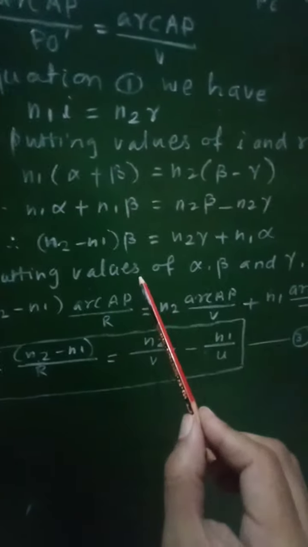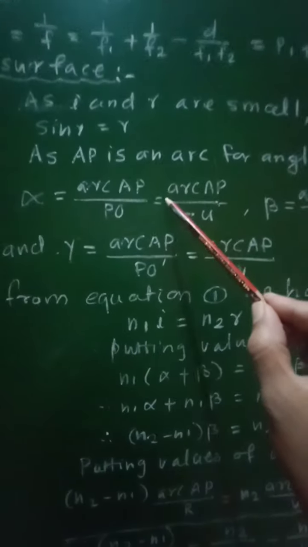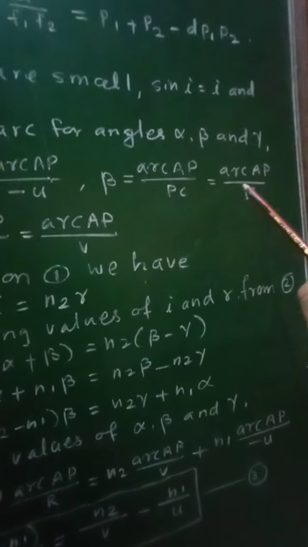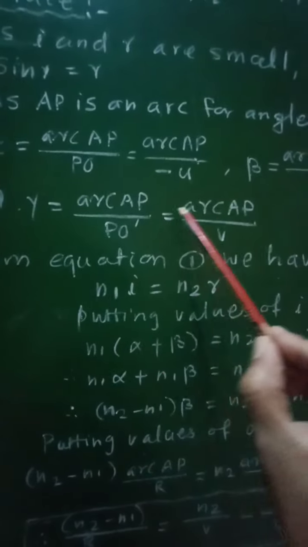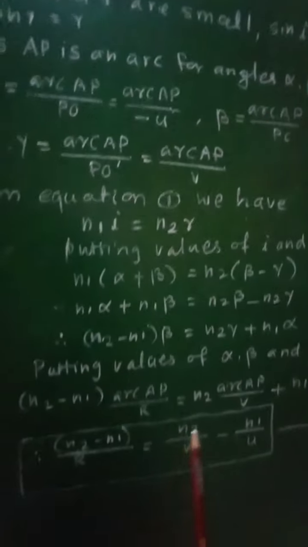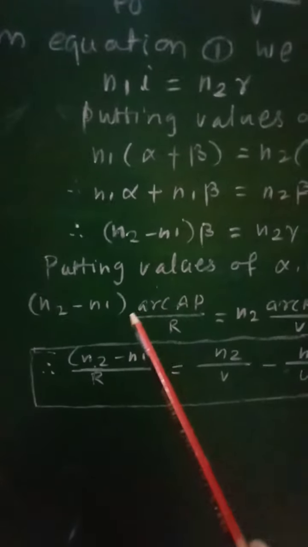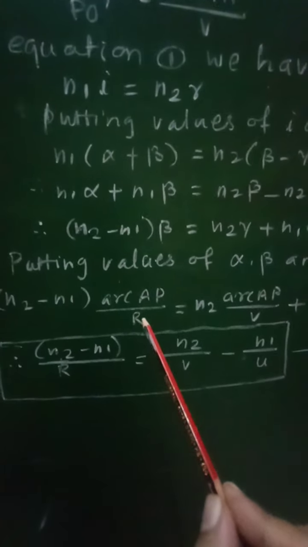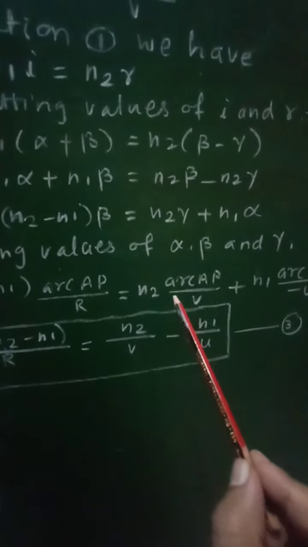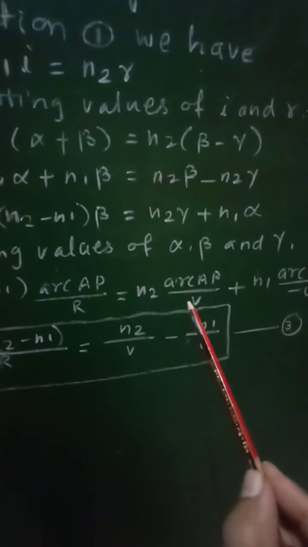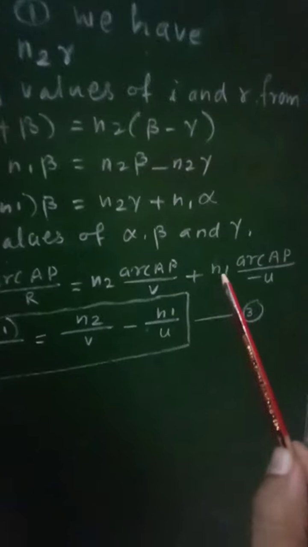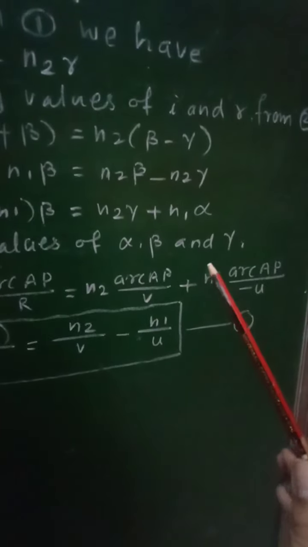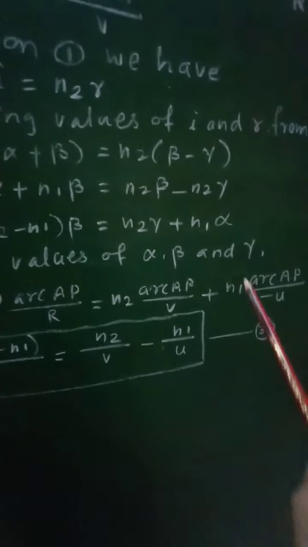Now putting the values of alpha, beta and gamma, as alpha is equal to arc AP upon minus u, beta is equal to arc AP upon R, and gamma is equal to arc AP upon v, we get (n2 minus n1) into arc AP upon R equal to n2 into arc AP upon v, plus n1 into arc AP upon minus u.